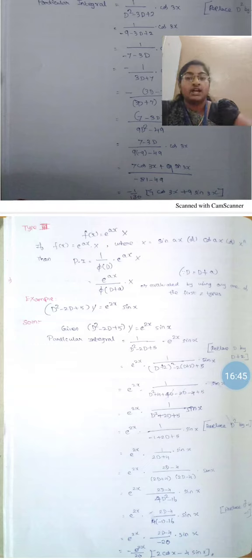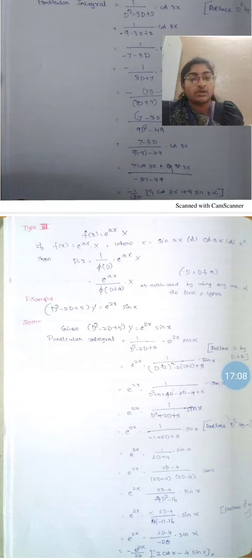That's it. In our type 3, we are going to see f of x equal to e power ax into X. Here X denotes sin ax or cos ax or x power n. See, in type 1 we saw only the exponential form. In type 2 we saw sin ax or cos ax. In type 3 we are combining both the terms. See how our equation will become.